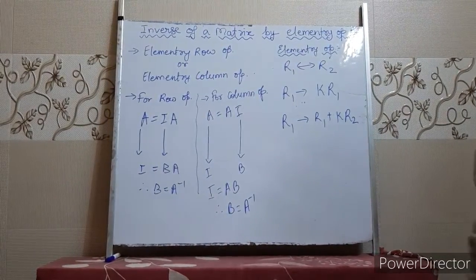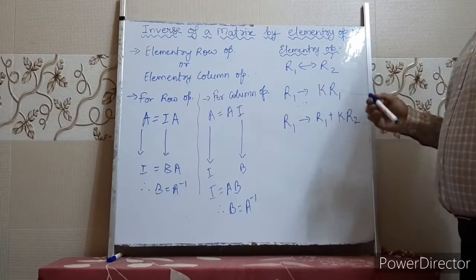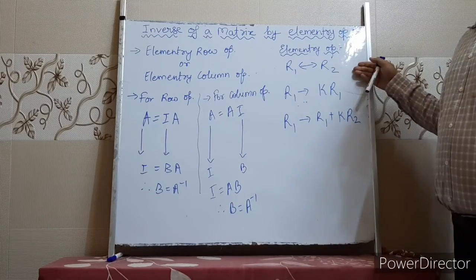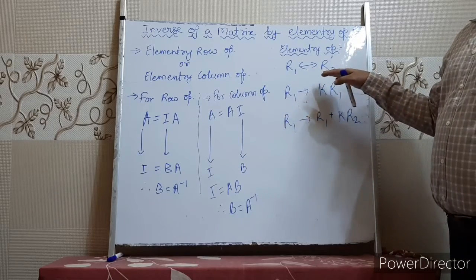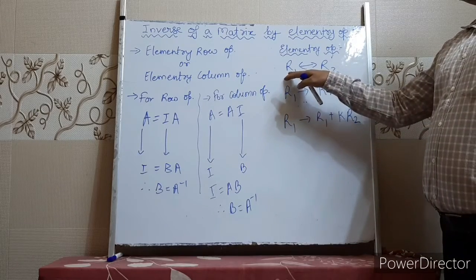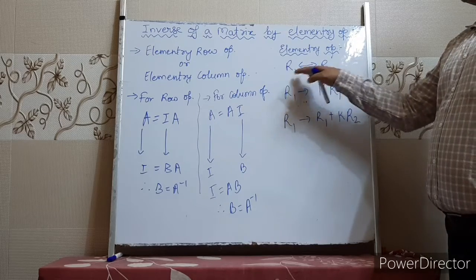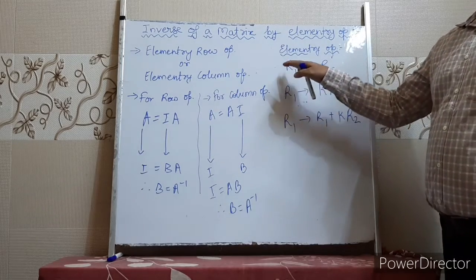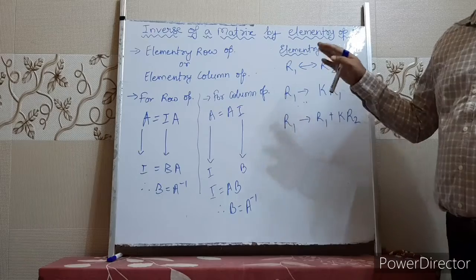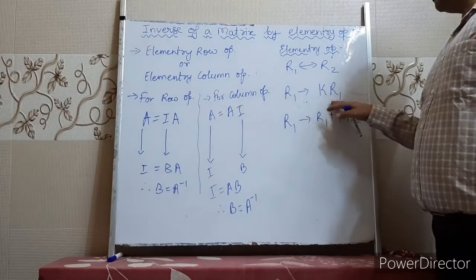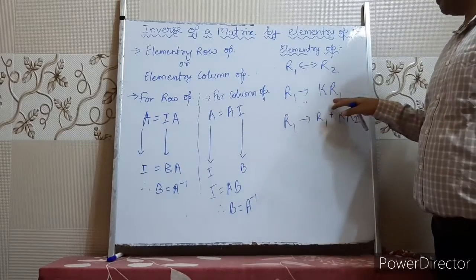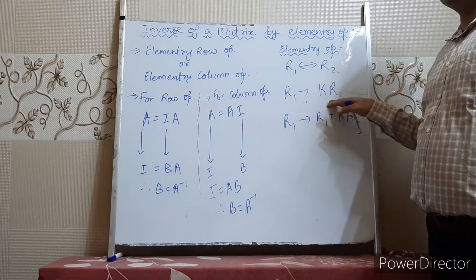Okay, children, now let's see what are elementary operations. The first elementary operation is that rows can be interchanged. That means if you put R2 in place of R1 or R1 in place of R2, that will not affect the result of the matrix. Our second elementary operation is that any scalar can be multiplied into any row or any column.